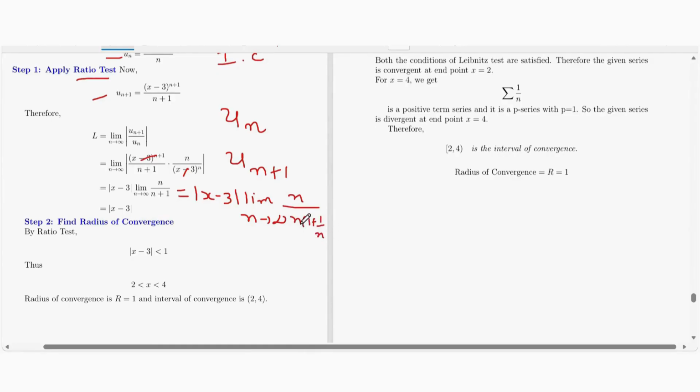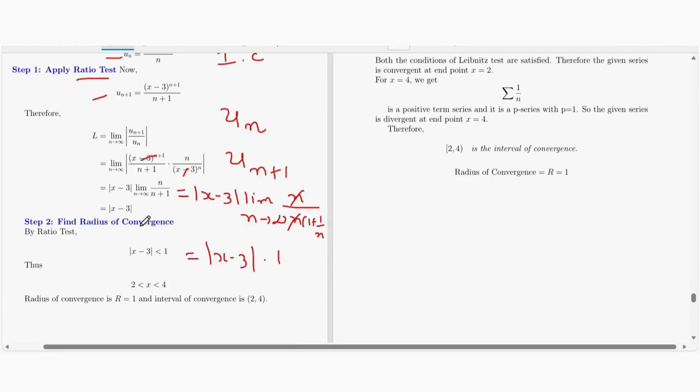Now n cancels out. Applying the limit, mod x minus 3 as it is. After putting n tends to infinity, 1 upon infinity becomes 0, so 1 upon 1 gives 1. So what is the answer?